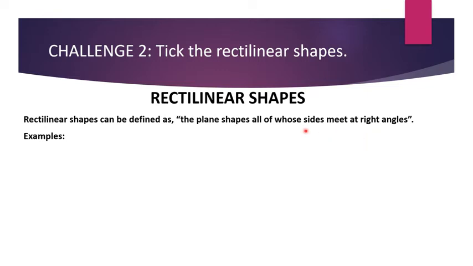It means that if the shape has any plane surface and it makes right angles from all sides, it is called rectilinear shape. This is the definition of rectilinear shape.